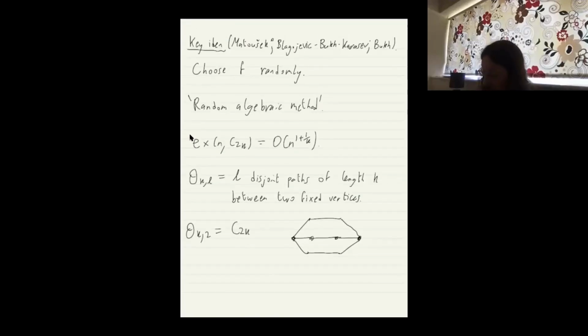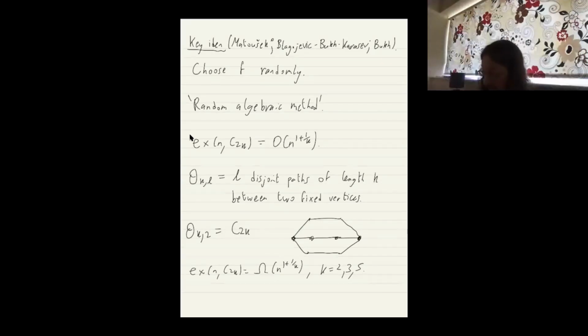Even though we only know that ex(n, C_{2k}) is Omega of n to the 1 plus 1 over k when k is equal to 2, 3, or 5, this theta graph is a natural generalization of cycles.